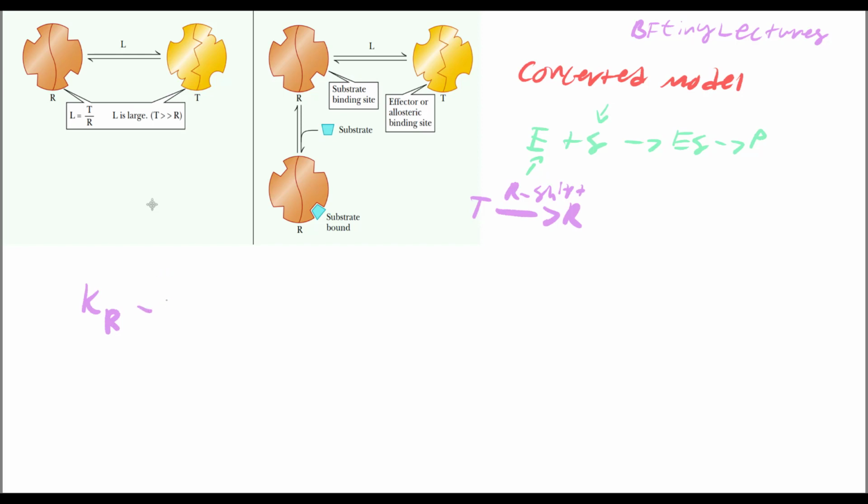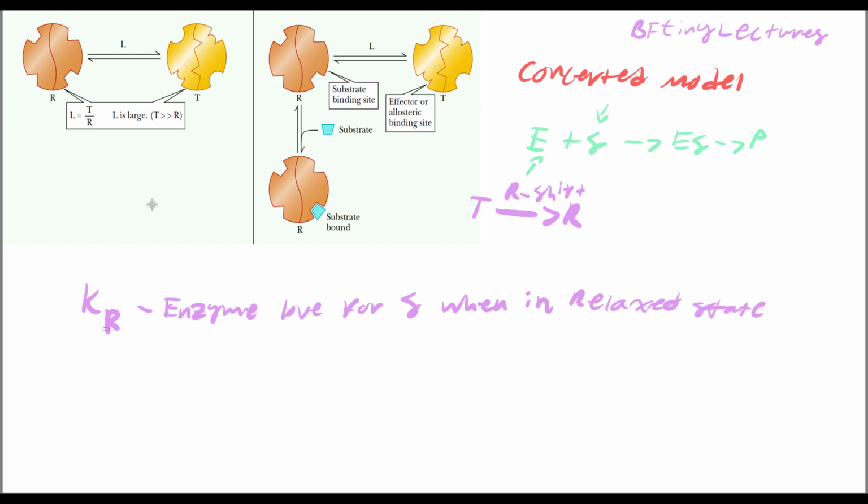So enzyme love. Love in this case is affinity. It's just the wanting to attach to something. So enzyme love for substrate when in R state, so relaxed state.